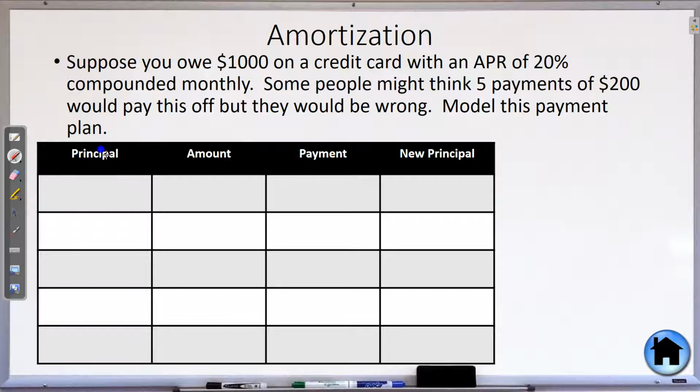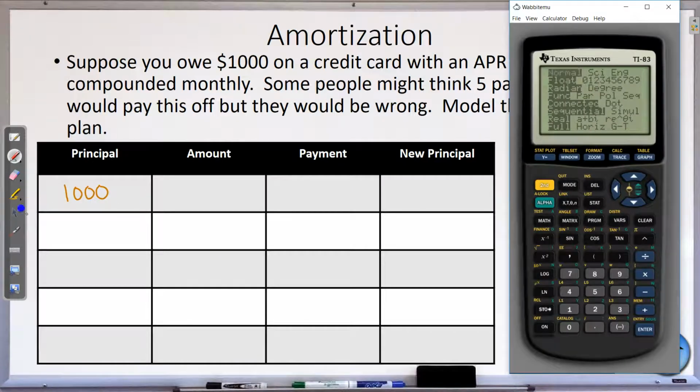So at first we have our initial principal, which is $1,000. But our first bill that we get after a month is not going to be for $1,000 because after a month we get charged interest. So we have to calculate the interest that we are charged.